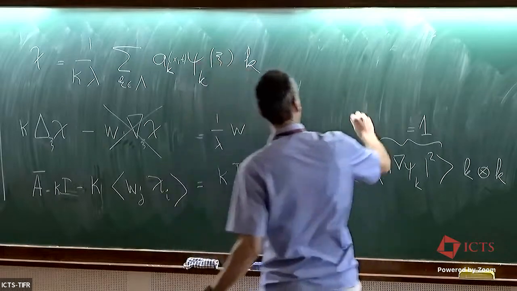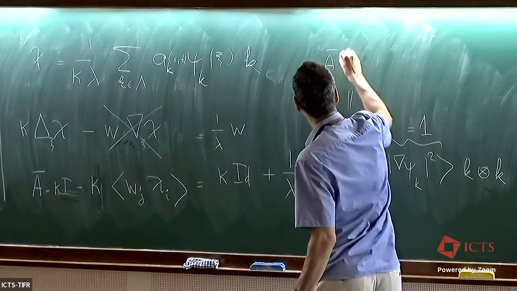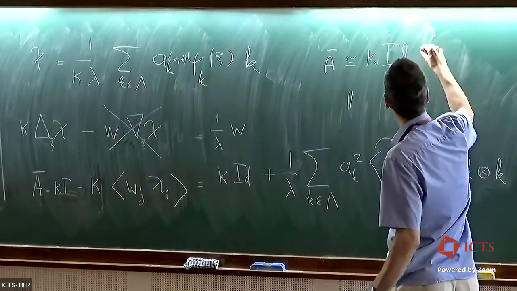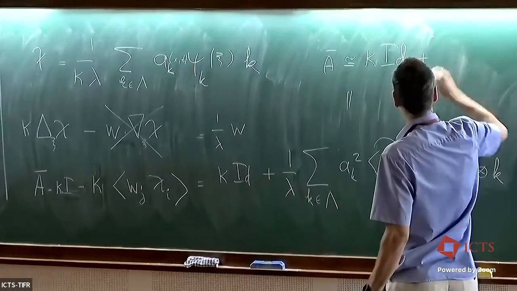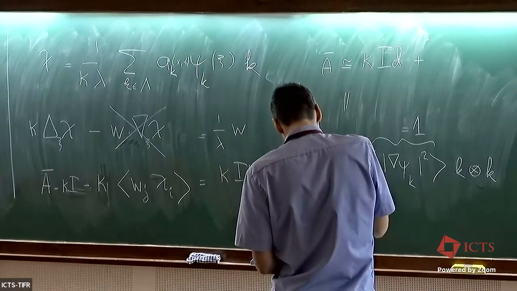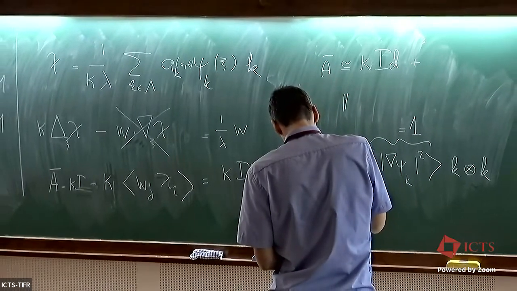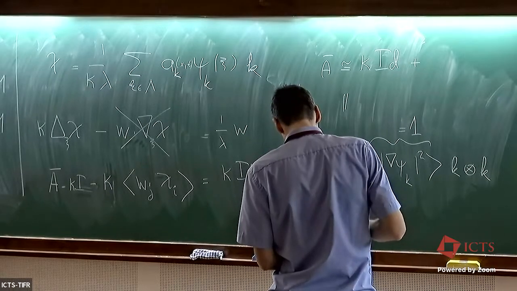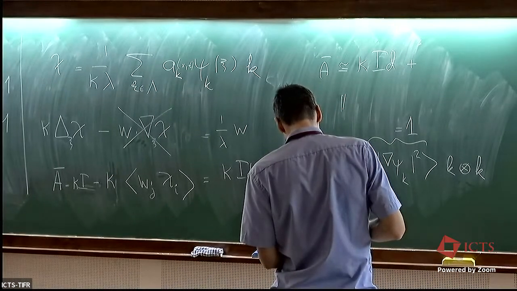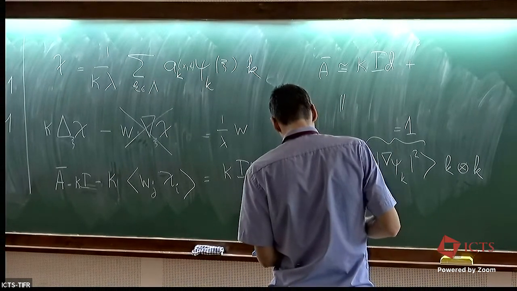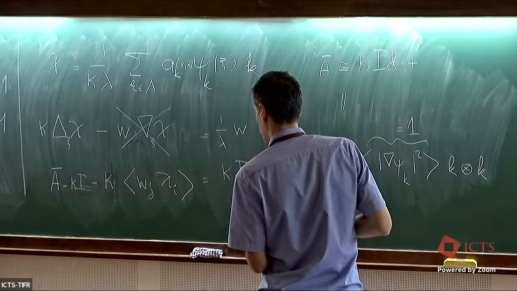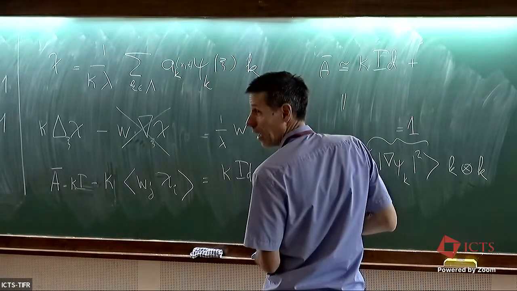So overall, it gives me something like kappa identity up to smaller order terms, plus, I think I lost some of these other factors along the way. There must have been another 1 over kappa, maybe.